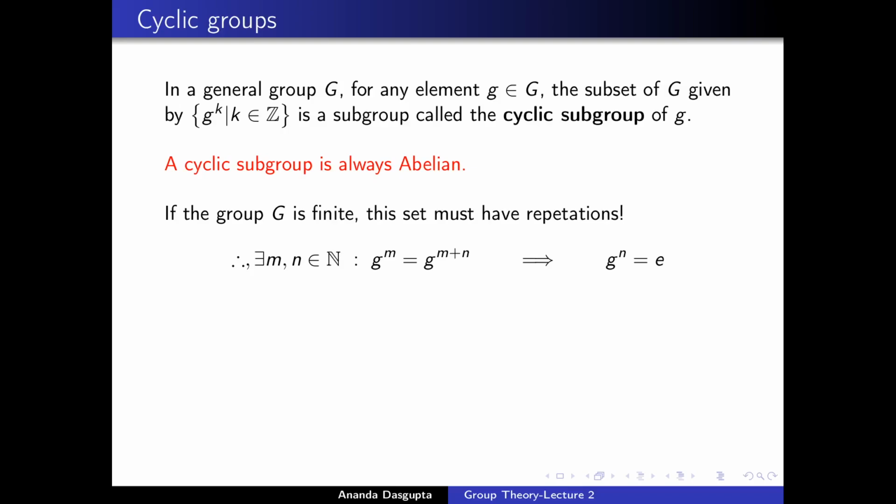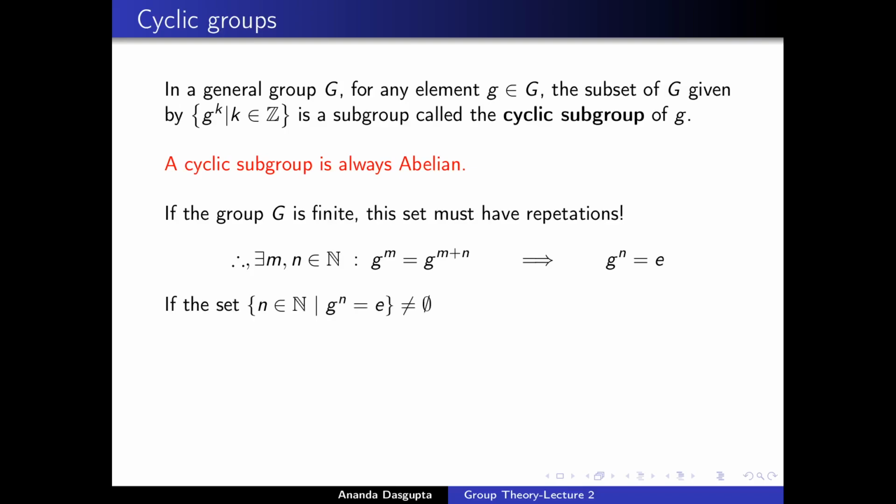So this result is guaranteed for a finite group. For an infinite group, it's possible that some elements, when you repeat them a large enough number of times, do get to the identity. But for the generic element, this may not be the case. For a finite group, this has to be the case for every element small g.